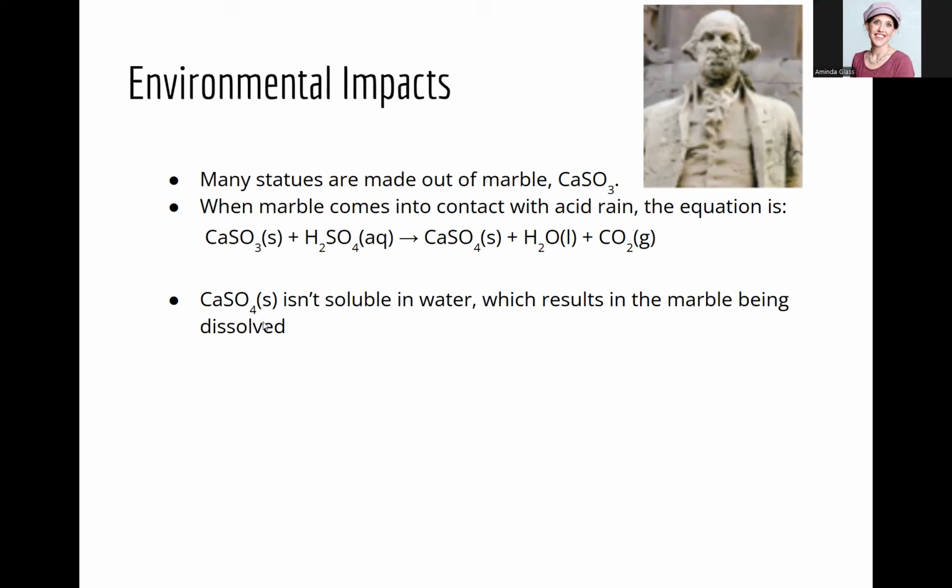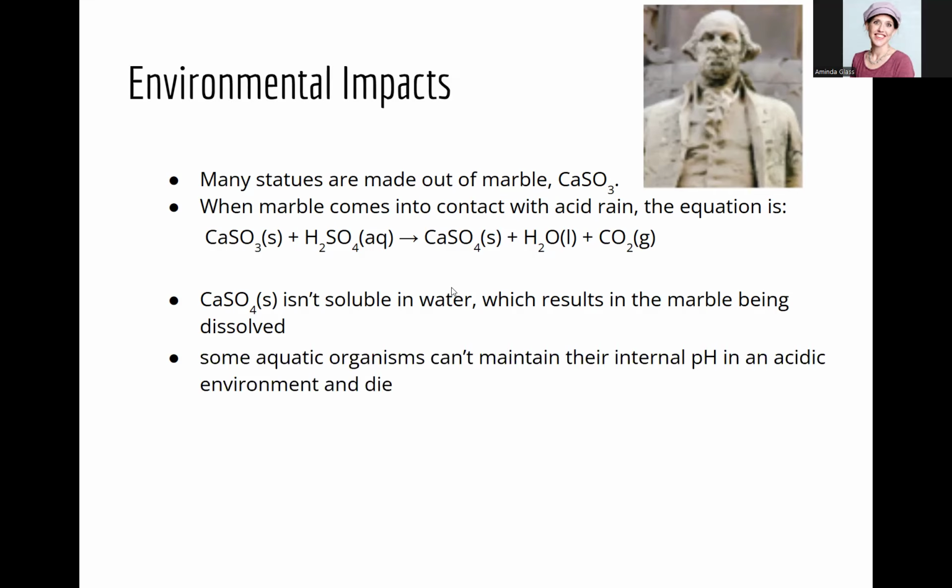This calcium sulfate isn't soluble in water. So what happens is it comes out of solution, which leaves these pock marks on statues and shows that the marble is actually being dissolved.